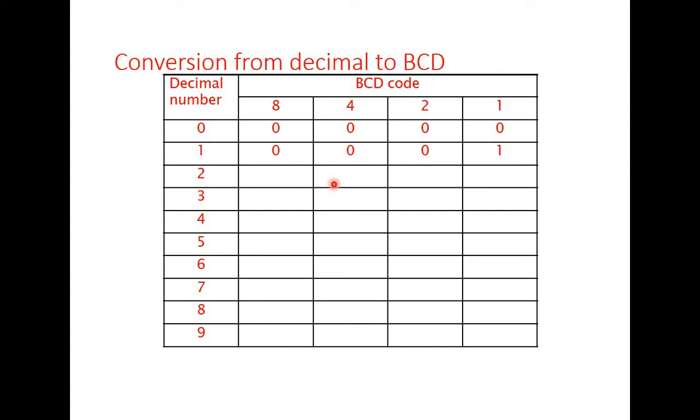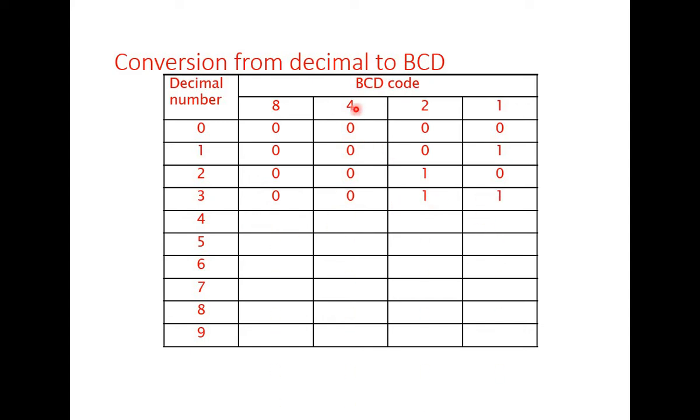For 2 we consider the positional weight 2 becomes 1 and the remaining positional weight becomes 0. So we write as 0010. For 3 we require the positional weight 2 and 1 becomes 1 and the positional weight 8 and 4 becomes 0. So we write as 0011.